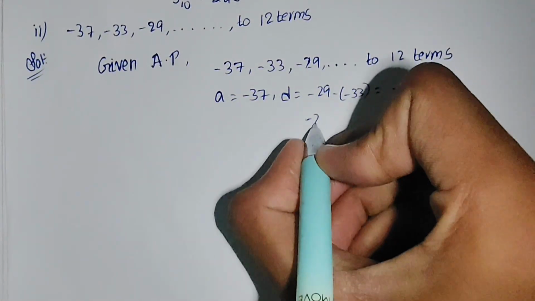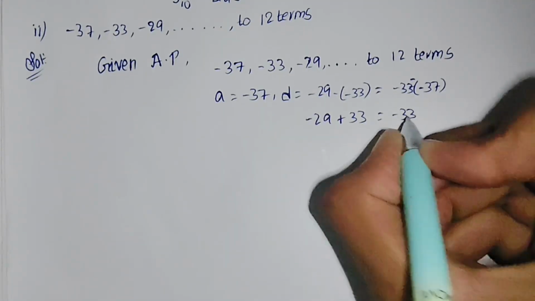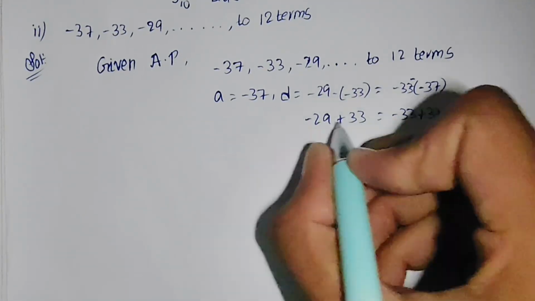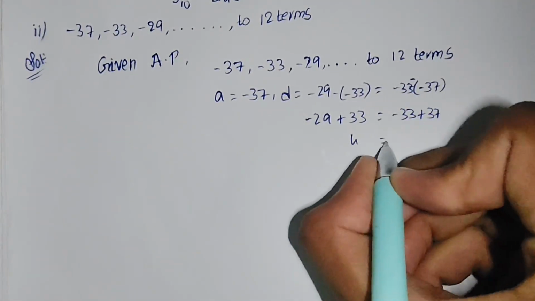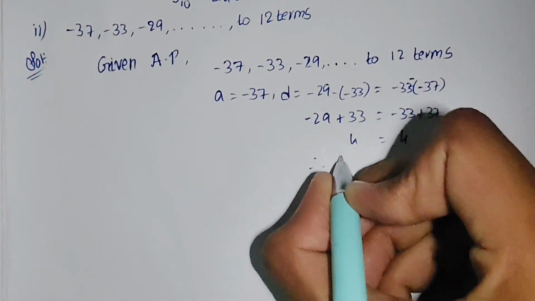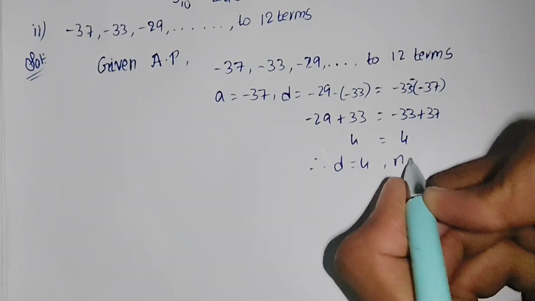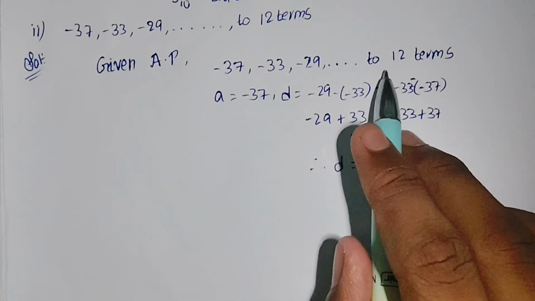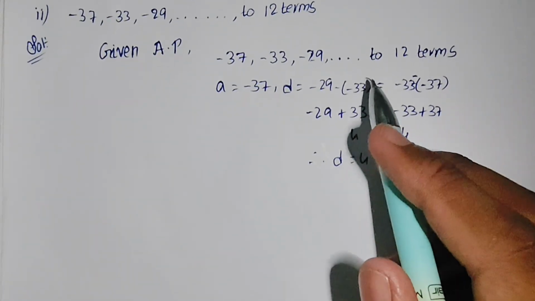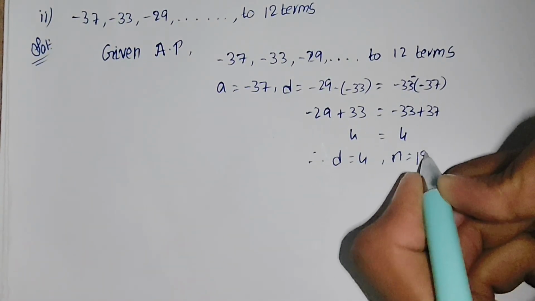So minus 29 plus 33 equals minus 33 plus 37. 33 minus 29 means 4, equal to 37 minus 33, which is also 4. Therefore, we got the value of d is equal to 4. And n is equal to 12 terms.